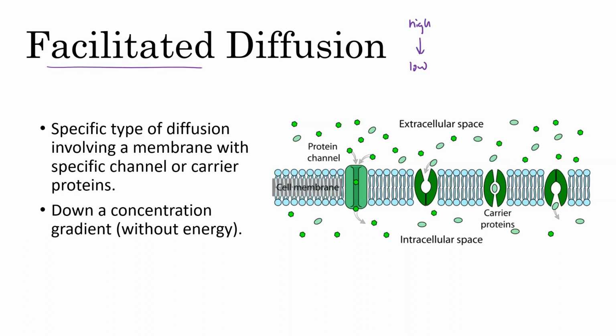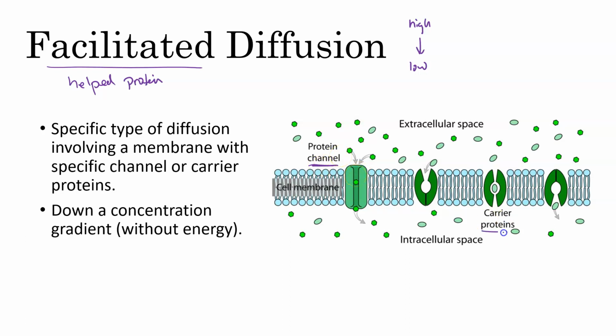But the difference between regular diffusion and facilitated diffusion is that facilitated diffusion is helped, or facilitated, by a specific protein. And these proteins come in two forms. Protein channels, or channels that span, they're integral proteins but span the entire membrane just as an open hole through the membrane, kind of a pore through the membrane.